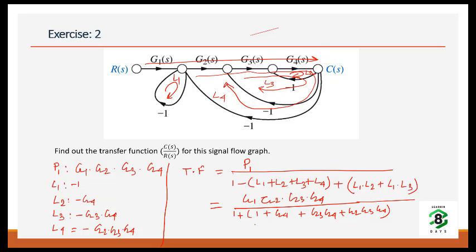Next term is L1 L2, which is again G4, and L1 L3 is G3 G4.